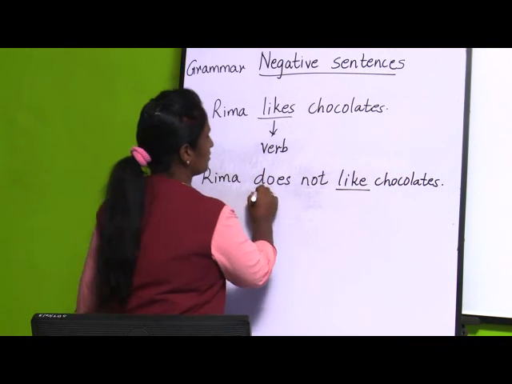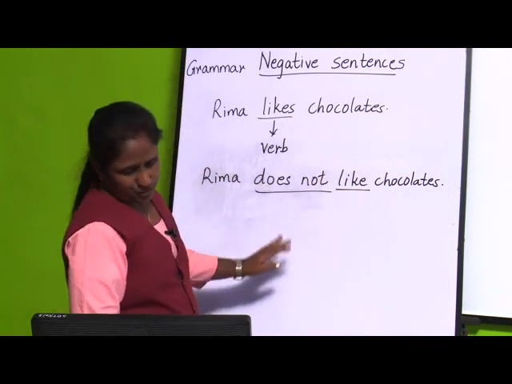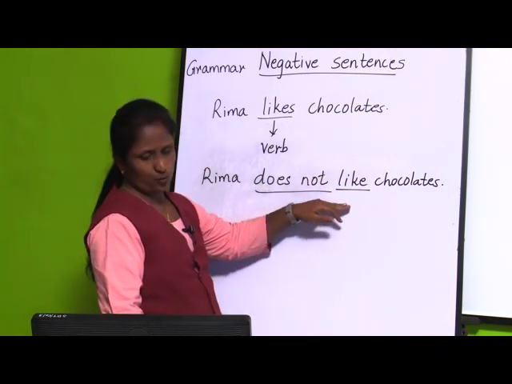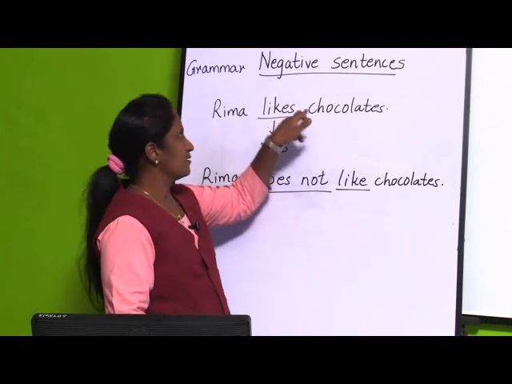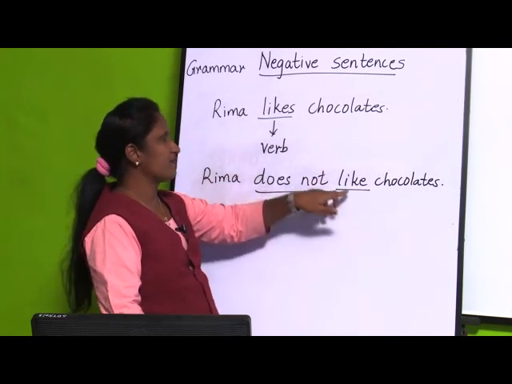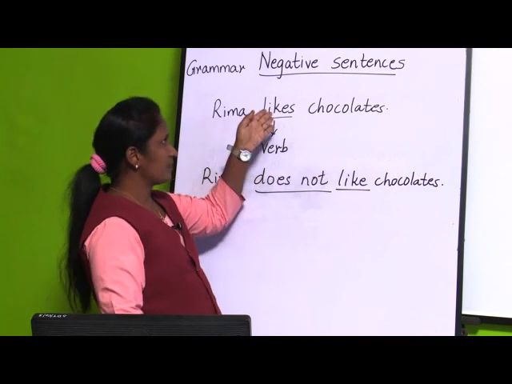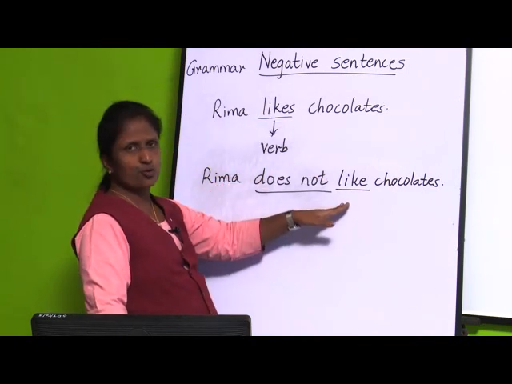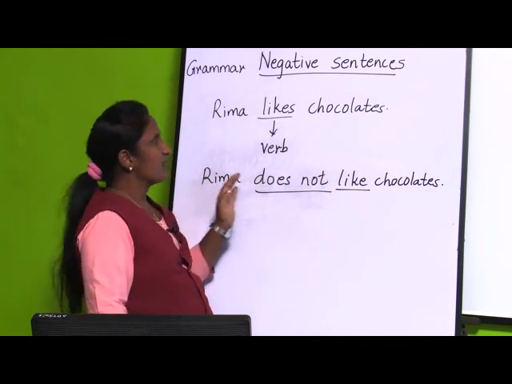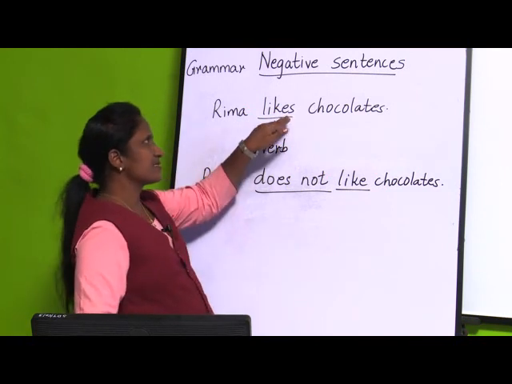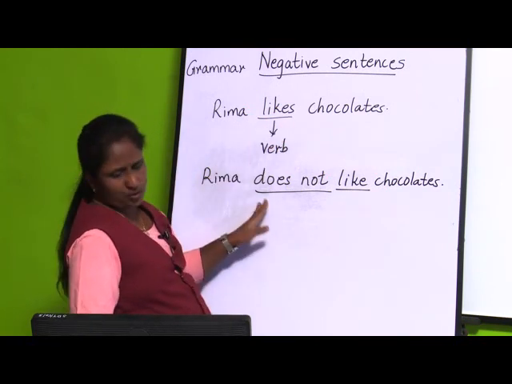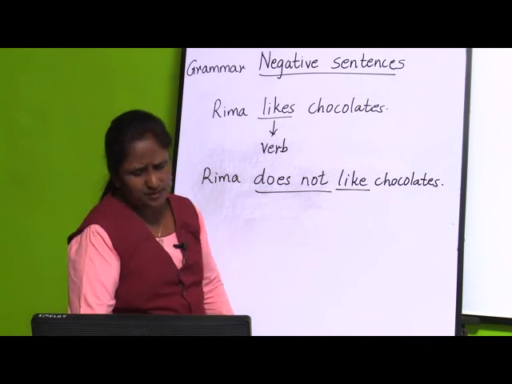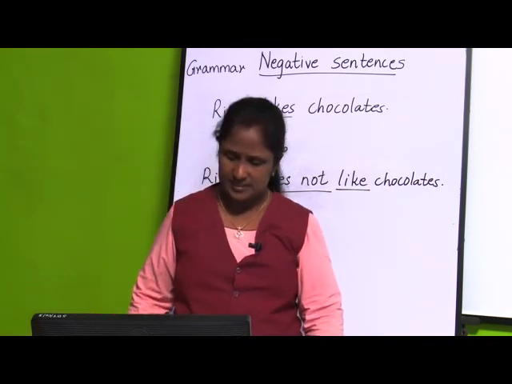So does not plus the original form of the verb. Likes has changed into like. So in this way, if the verb is in simple present tense, we use does not or do not to form the negative sentence.